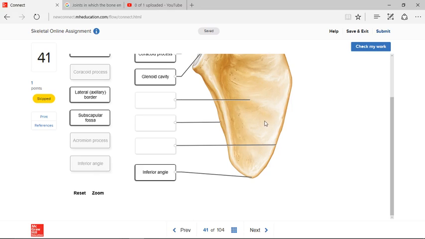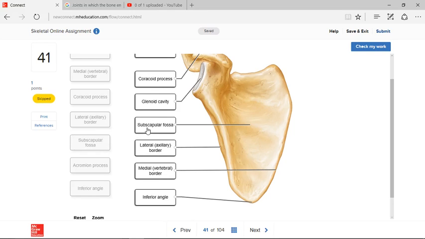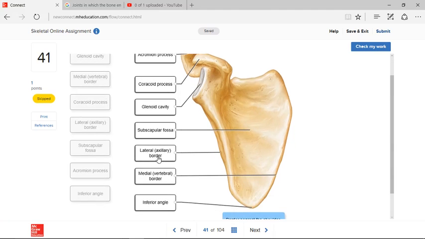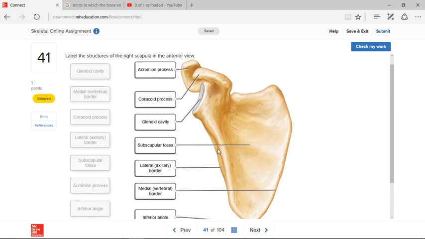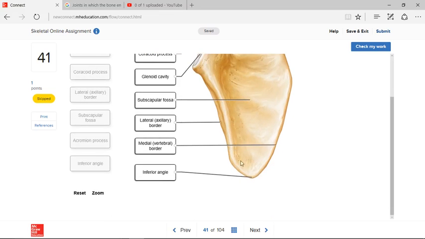And then we get the medial vertebral border, which you can kind of figure out because it's in the middle of the border. This is kind of lateral, obviously, because it's to the outside. Subscapular fossa, that's where that's going to have to be. And that completes this scapula. This is the right scapula, by the way. This is what it says up here.